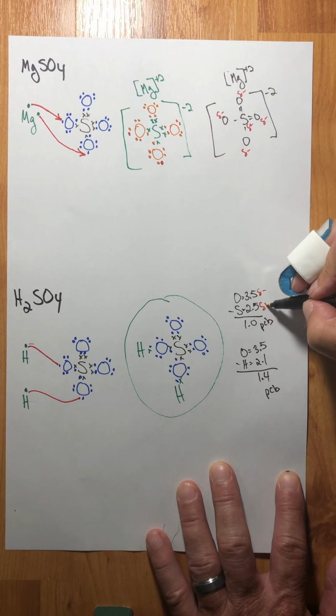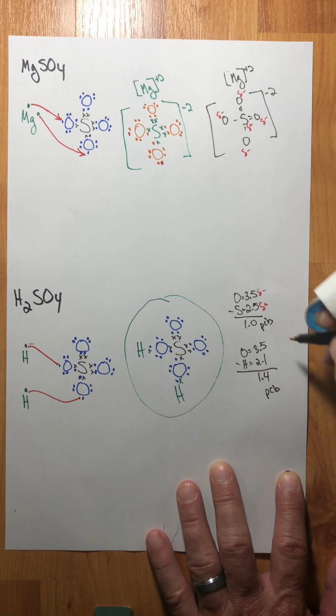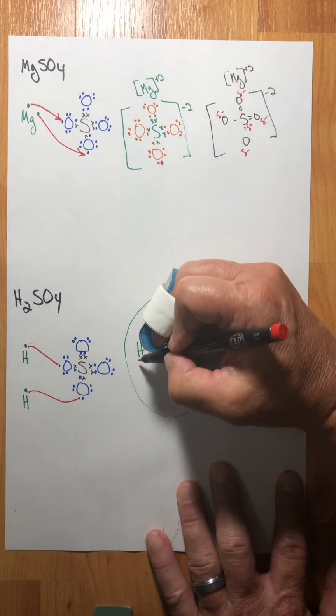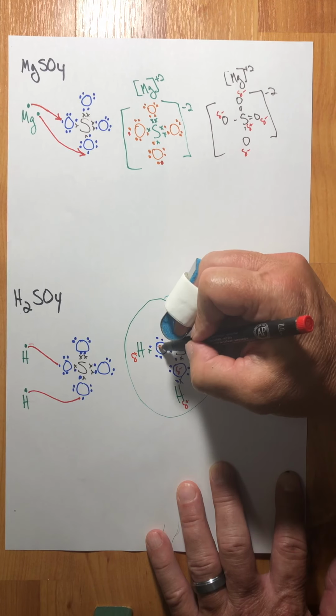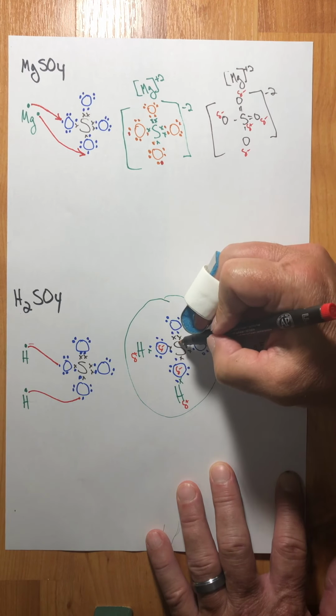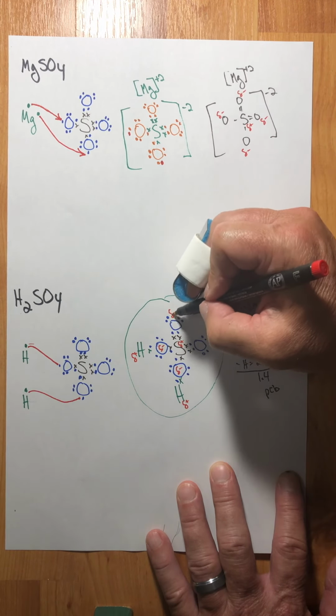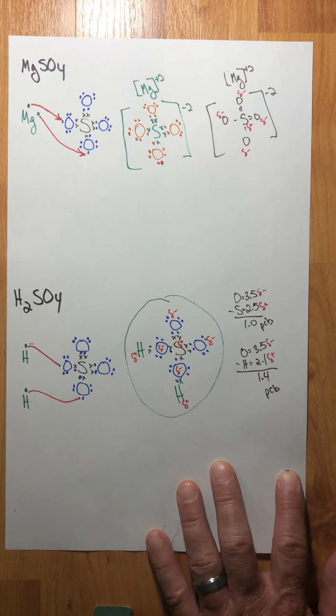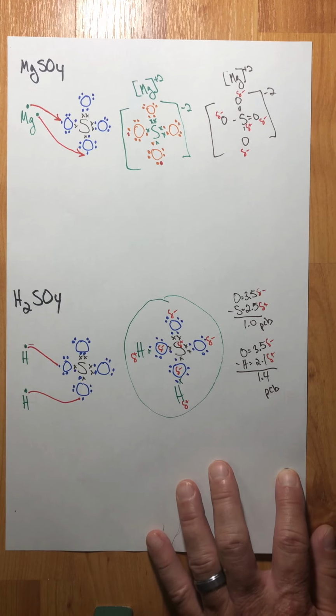The sulfur would be slightly positive. We knew that before. And in this case, oxygen is slightly negative and hydrogen is slightly positive. So that'd be slightly positive, slightly negative, slightly positive, slightly negative, slightly positive, slightly negative up there for that oxygen, and slightly negative for that oxygen there. And that's how that would work.